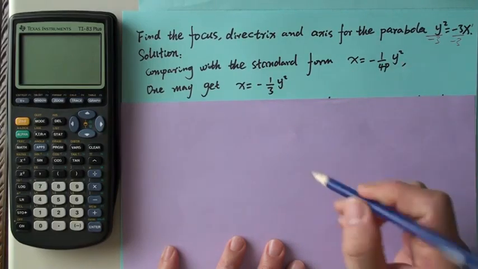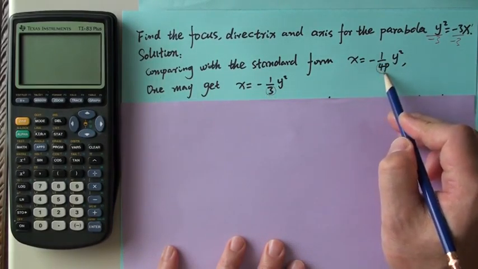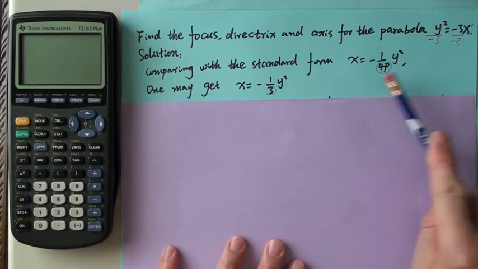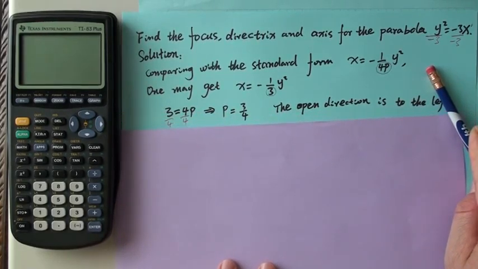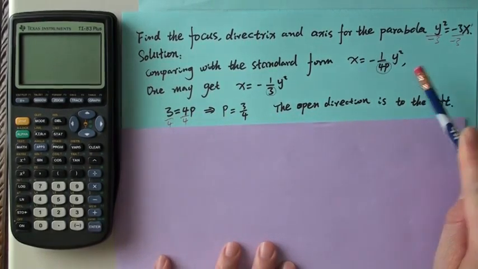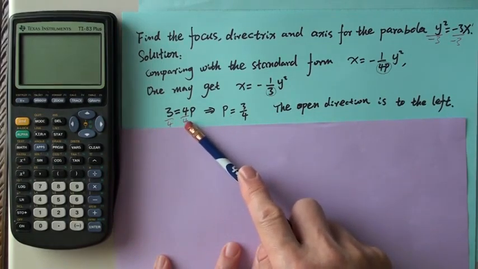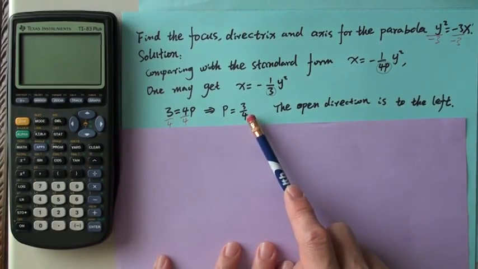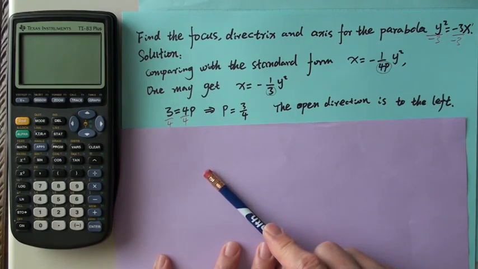The only thing different is downstairs here is 3, and here is 4p. Okay, so then 3 is 4p. That's what we get here. 3 is 4p. What is p? Divide by 4 on both sides. So p is 3 over 4. Okay. Now we have a p already.